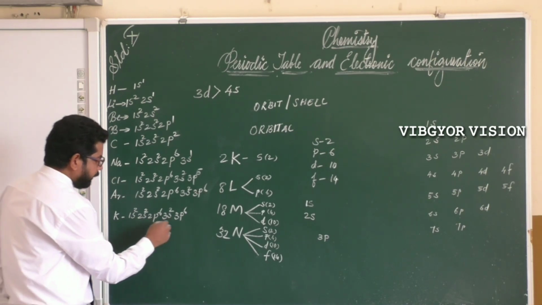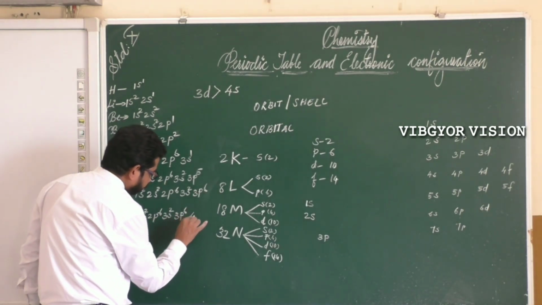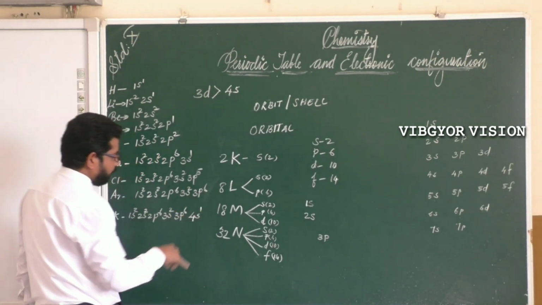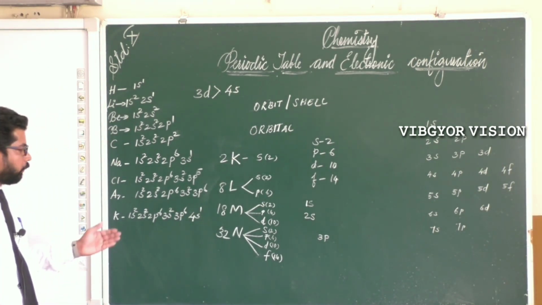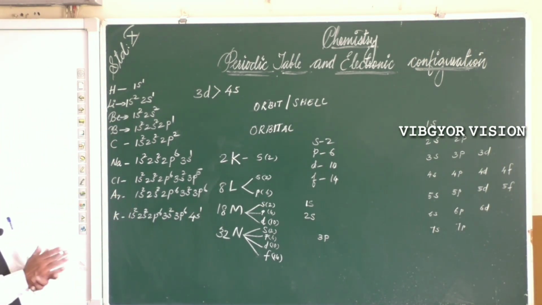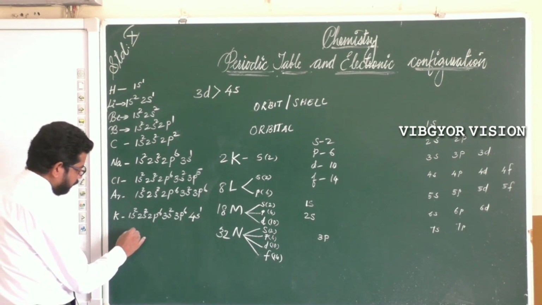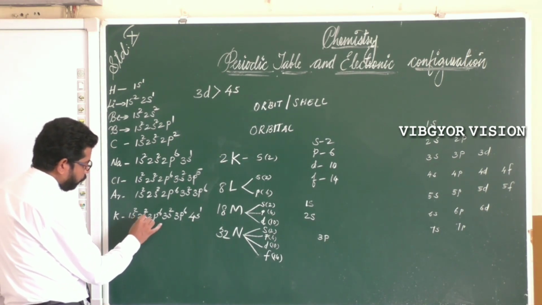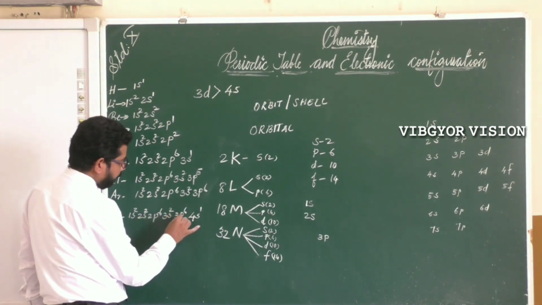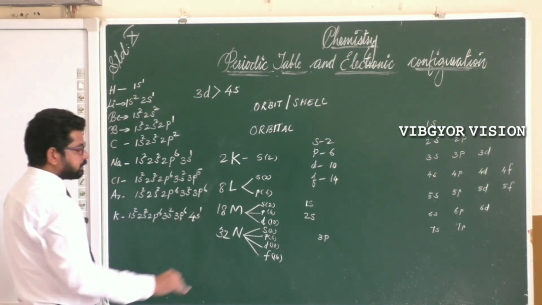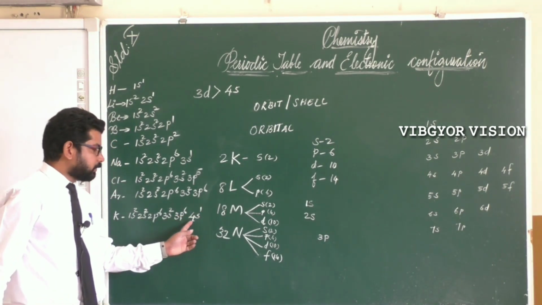So what do we have to write here? 4s1 we have to write. How did it become this? See, 1s2, 2s2, 2p6, 3s2, 3p6 and 4s1. So 4 means which shell?